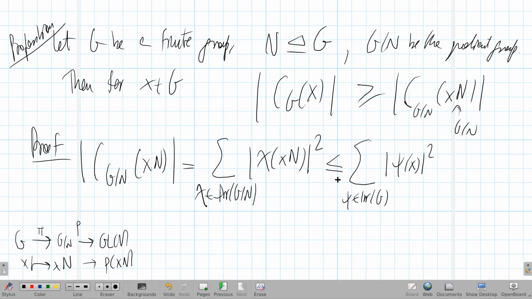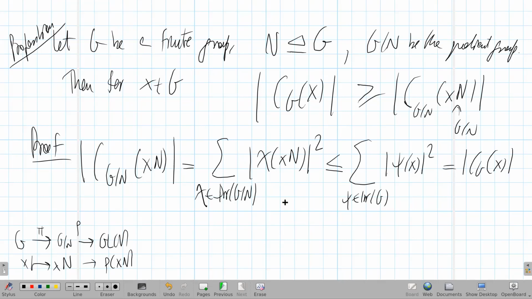If you have more terms here, this is of course less than or equal. And because of the formula I have just used, this is just the size of the centralizer in G of X. So this shows immediately, well, of course, we have worked a lot with characters, that this centralizer is greater than or equal to this centralizer.